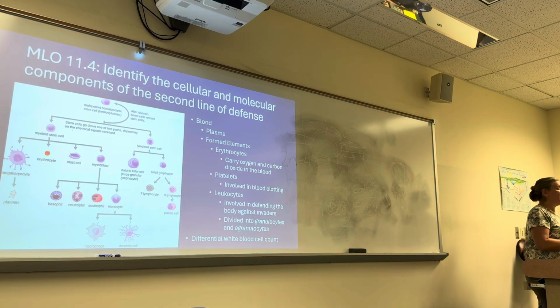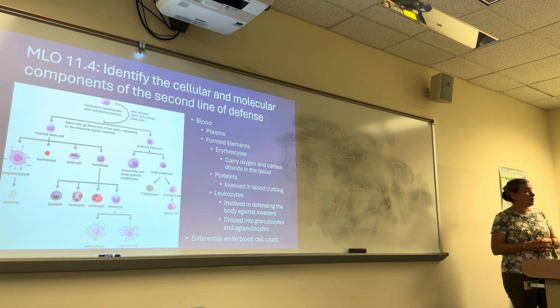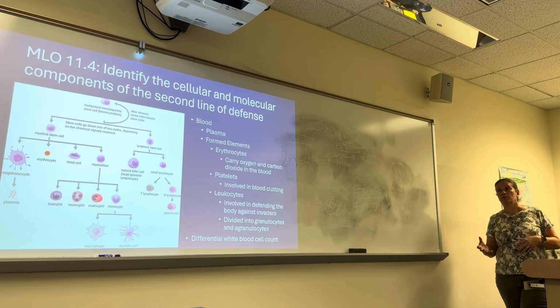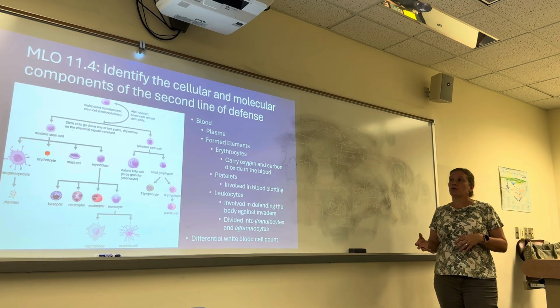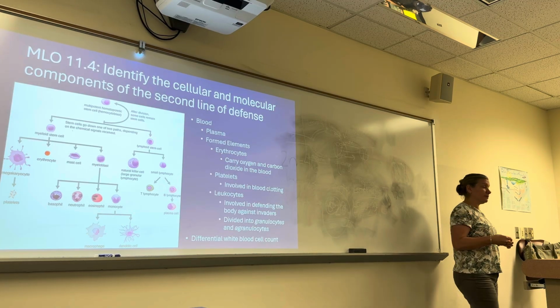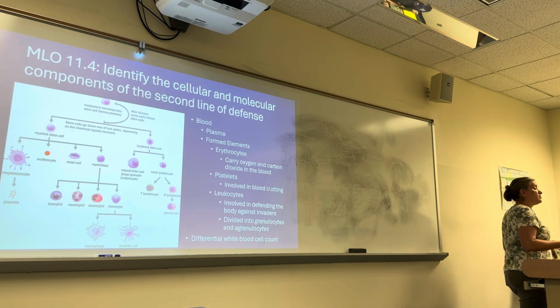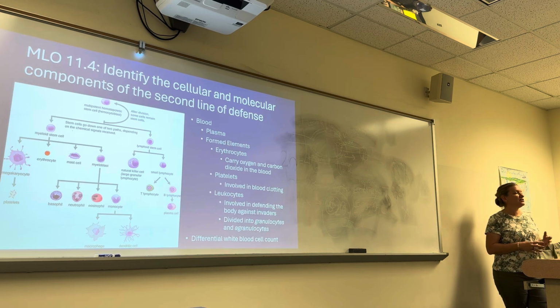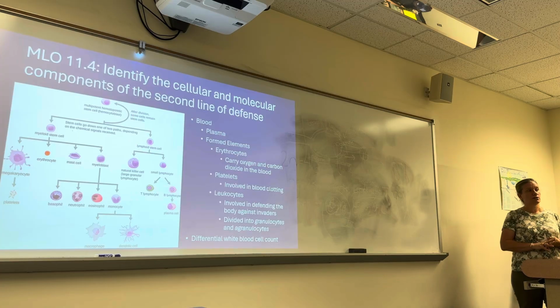So many of the components that are going to play a role in this process are actually originating from the blood. So we do have to talk about the blood itself. The blood, of course, is composed of plasma and formed elements. The plasma is the liquid component of it, mostly containing water with electrolytes, dissolved gases, nutrients, and proteins.